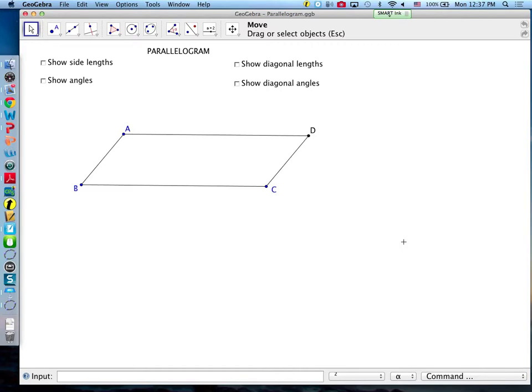Should be the interior sum. Is that n minus 2 times 180? So 360 is what the angles inside should total. So you can tell partially whether you're coming up with the right result.